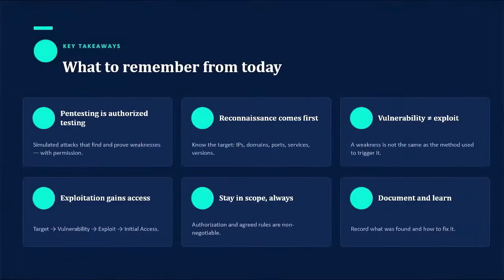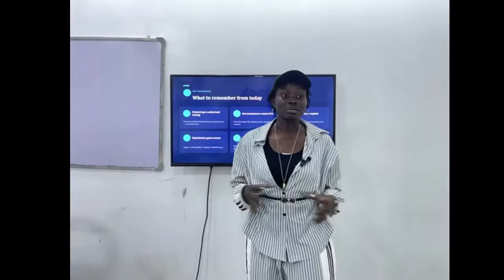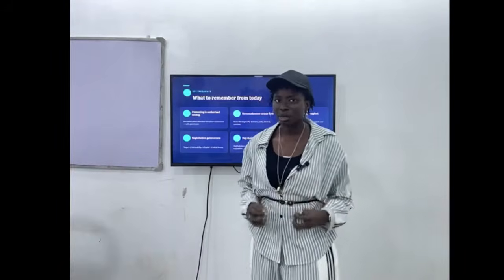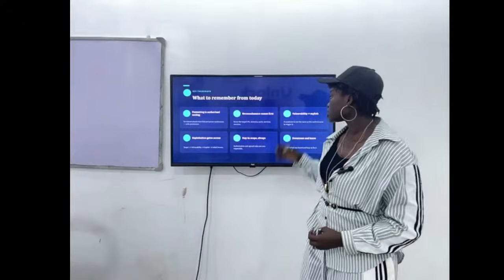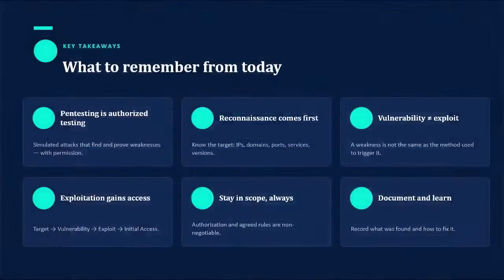Reconnaissance always comes first. You always make sure you're able to check out the ports, the IP addresses, and the other information you can grab. Sometimes recon doesn't take too long. Sometimes it takes a very long time, depending on the type of system you're trying to exploit. Vulnerability is not the same as exploitation.